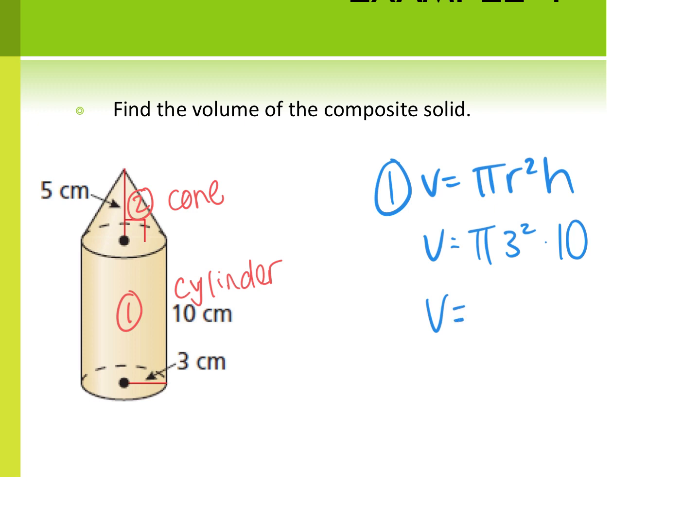What do you get? Multiply it, peeps. 90 times pi, which is 282.7 centimeters cubed.